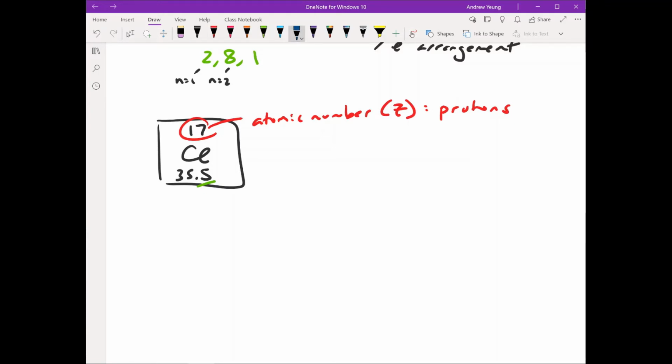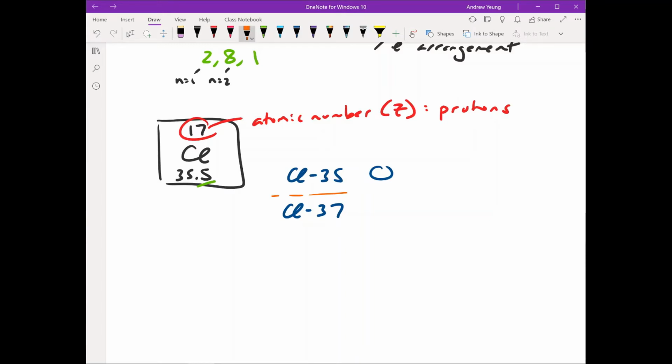So doing more studies, we've found chlorine can either be the 35 isotope or the 37 isotope. No single chlorine atom actually weighs 35.45, but because these two versions of chlorine come in different proportions, when I do an average, the average doesn't put me just right in the middle, like let's say 36. The average is skewed towards the one that's more common.